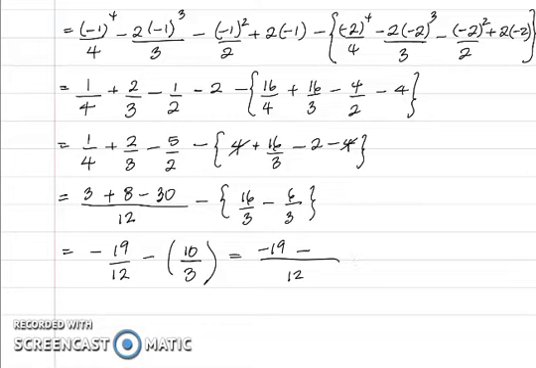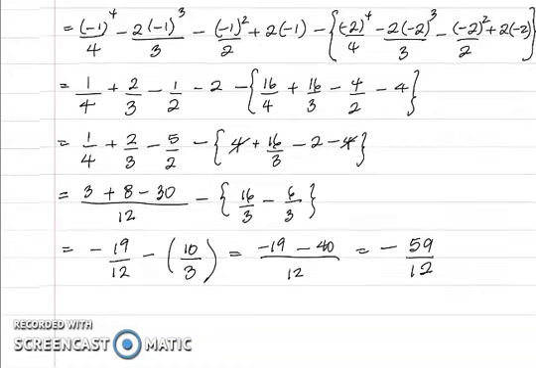Minus 3 into 12 is 4, 4 times 10 is 40. So this is the same as minus 59 over 12. All right, so let's go to the next page.